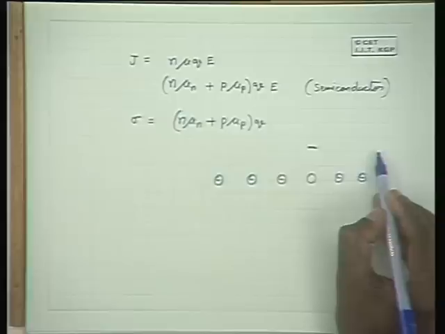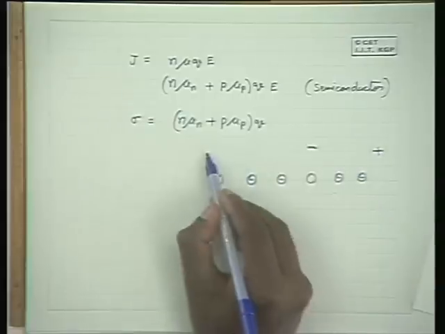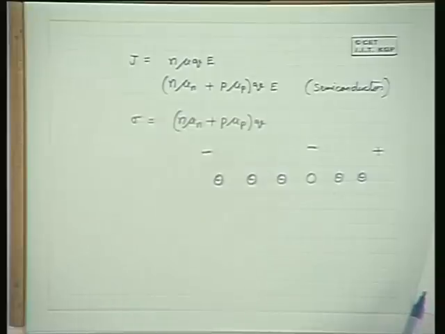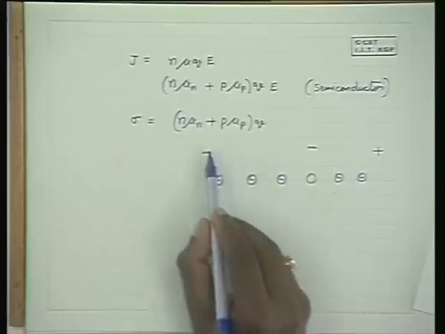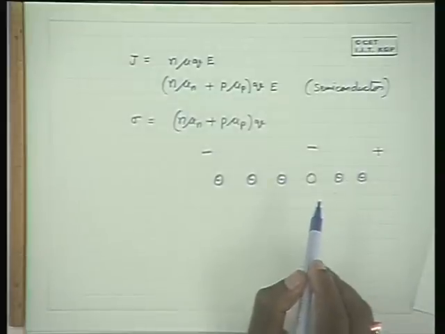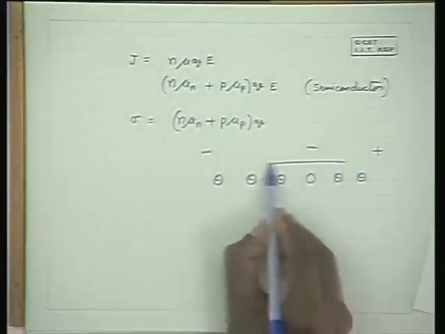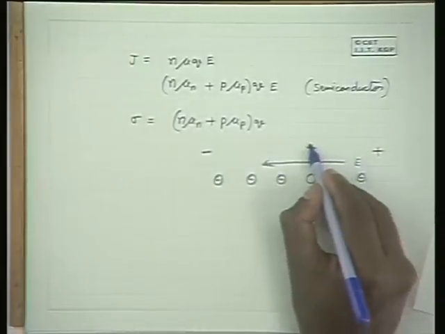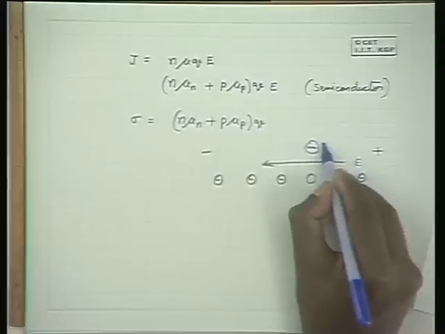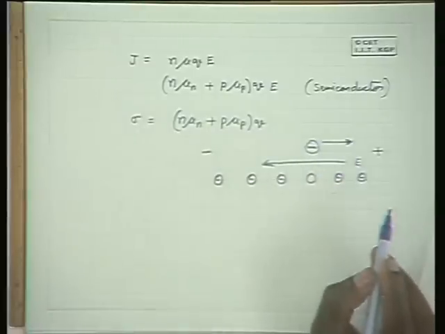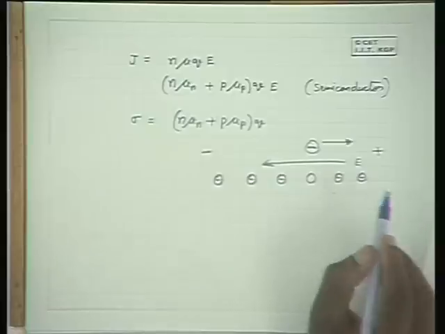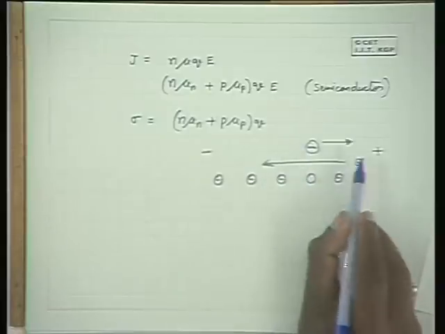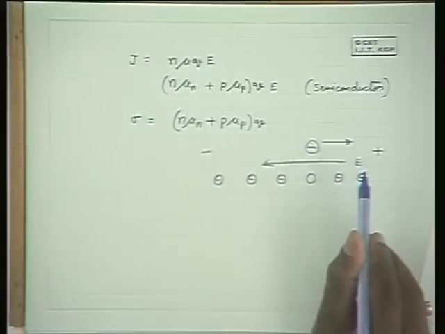Now let us say we have applied some field over here by creating an external potential difference. So when an electric field is created in this fashion, the electron naturally travels towards the anode against the field, and it contributes to current.